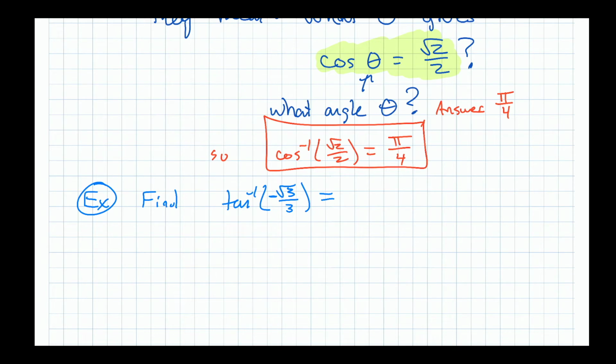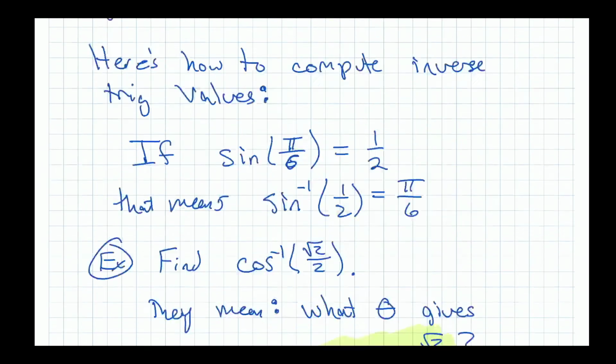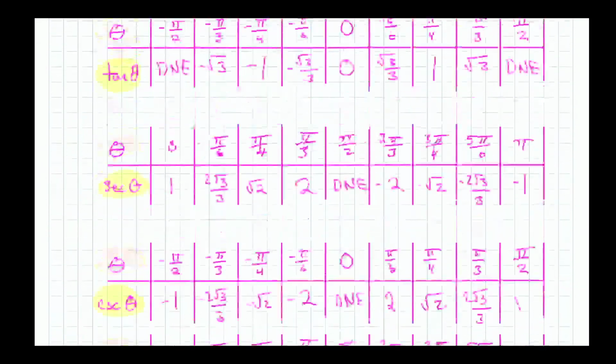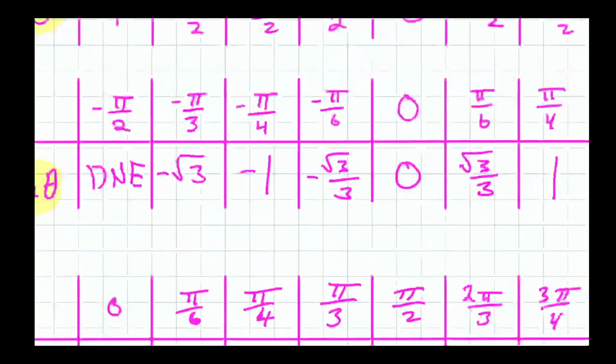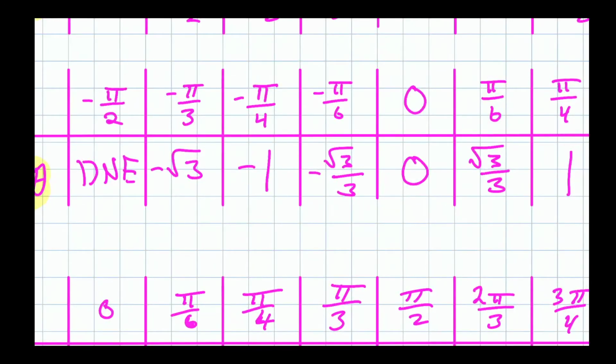You're going to go to the tangent table and find that value. And what we want is, what's the theta? So you go to your tangent table. Up here, we find the tangent. Was it negative square root 3 over 3? Was it this one? If it was negative square root 3 over 3, then it's negative pi over 6.